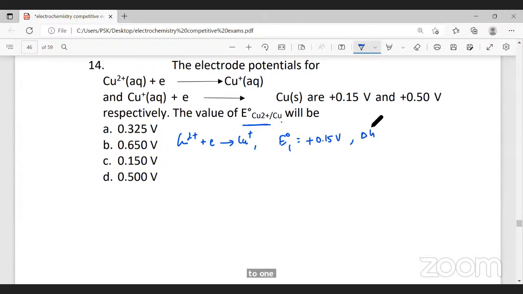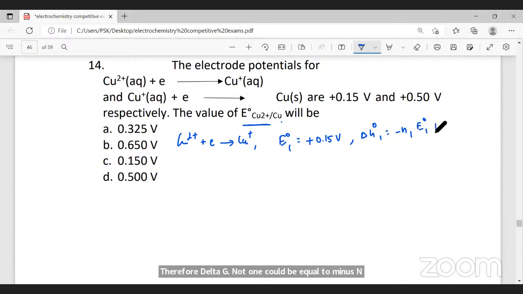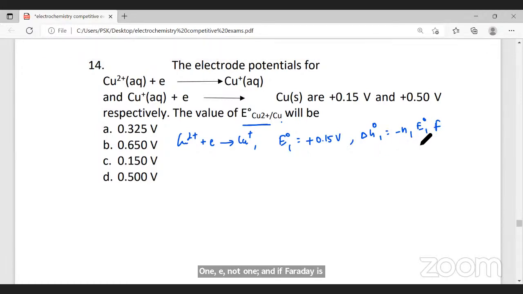Therefore, delta G naught 1 will be equal to minus n1 E naught 1 F, where F is Faraday's constant. We'll keep it as such. We know that delta G naught is equal to minus nFE naught. Second equation, Cu+ plus an electron gives you Cu.